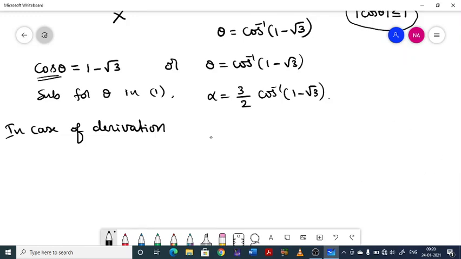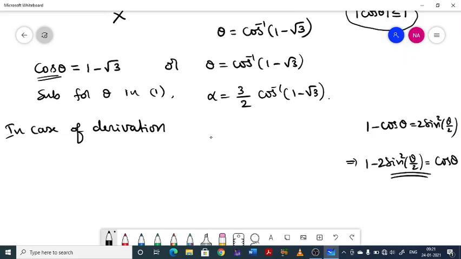Yes, we can use this one. 1 minus cos theta equal to 2 sin square of theta by 2. So from this, interchanging cos and sin terms, 1 minus 2 sin square of theta by 2 equal to cos theta. Okay, this I want to use here.